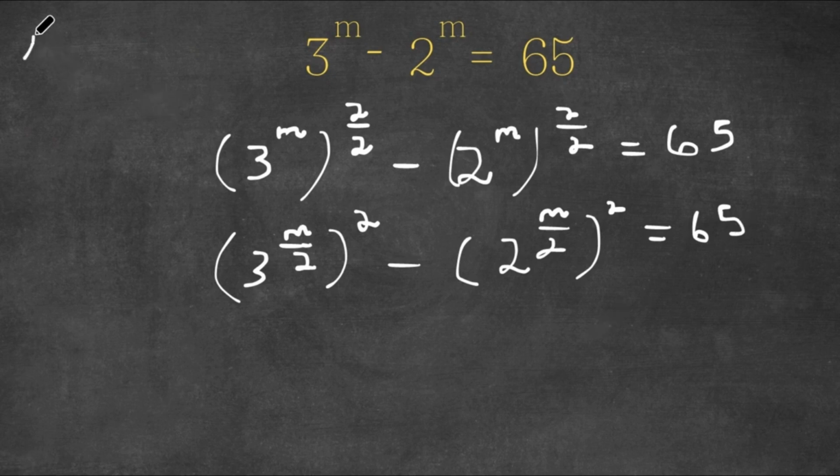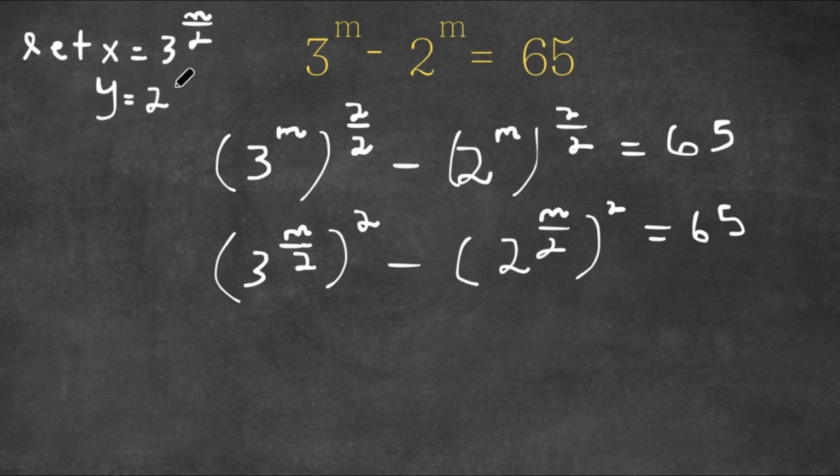Now I'm going to let the variable x equal 3 to the power of m over 2, and I'm going to let y equal 2 to the power of m over 2.